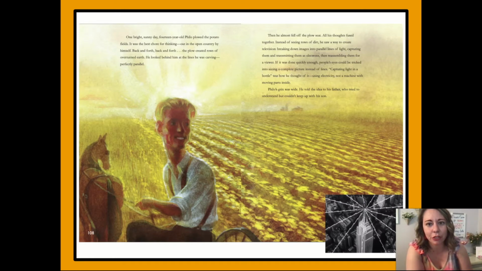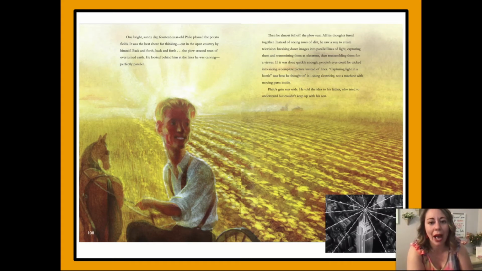Instead of seeing rows of dirt, he saw a way to create a television, breaking down images into parallel lines of light, capturing them and transmitting them as electrons, then reassembling them for a viewer. If it was done quickly enough, people's eyes could be tricked into seeing a complete picture instead of lines. Capturing light in a bottle was how he thought of it, using electricity, not a machine with moving parts inside.